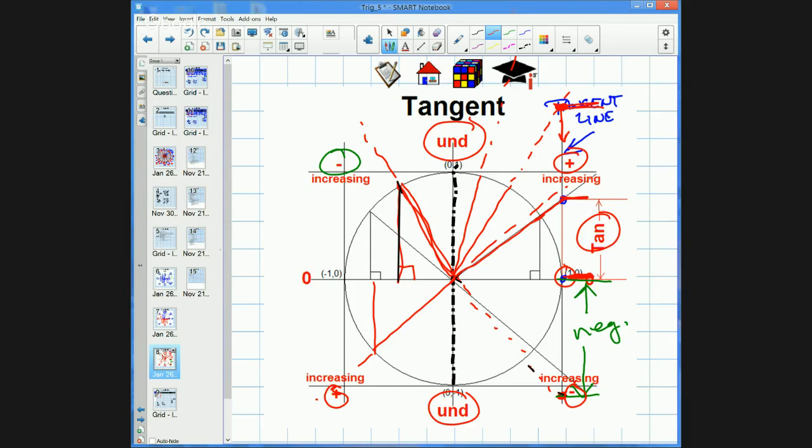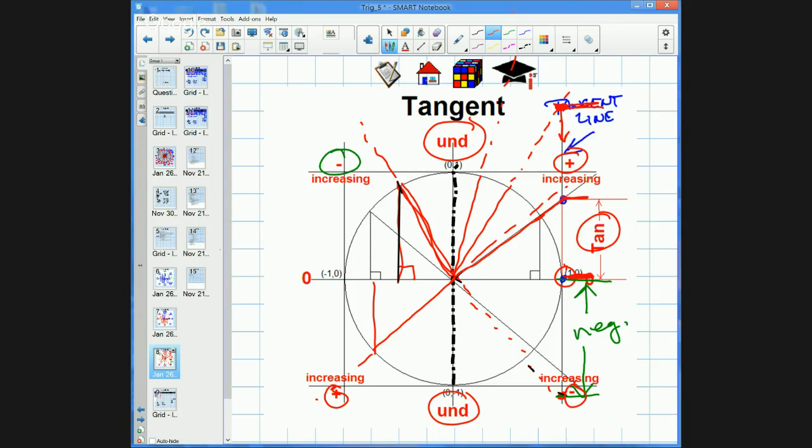And maybe the strangest thing of all is you notice all four quadrants, the tangent is increasing. So how can it keep increasing and yet repeat when it gets past 360 degrees? And the answer is it does this disappearing act, this undefined, when it reaches 90 or 270.